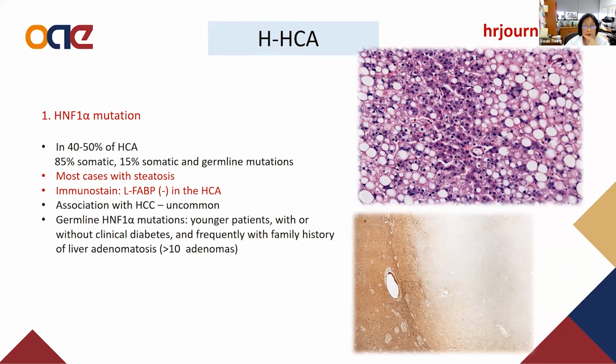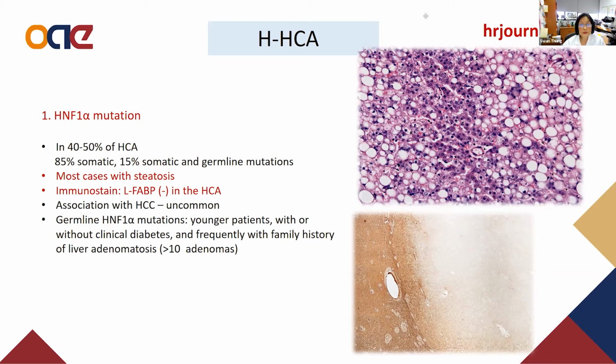And so we can now use morphology and immunopathology to subtype hepatocellular adenoma. Why do we need to subtype them? Because there are different risks of developing HCC in adenoma, as well as the risk for bleeding is more in one of the subtypes, which is the unclassified with the ASS mutation.